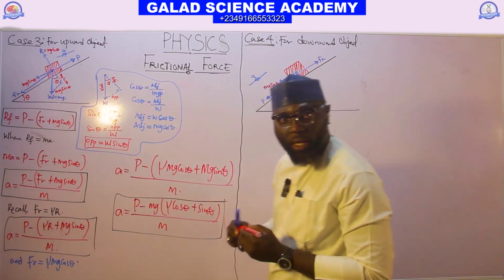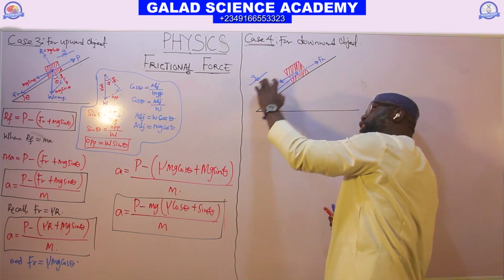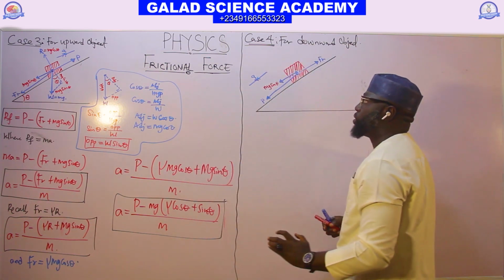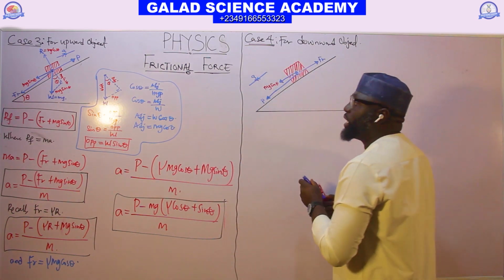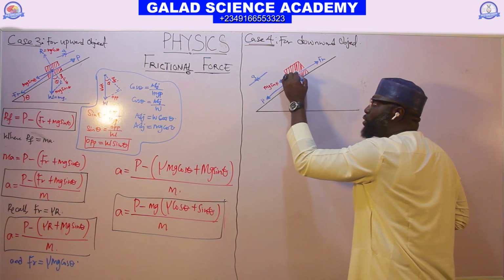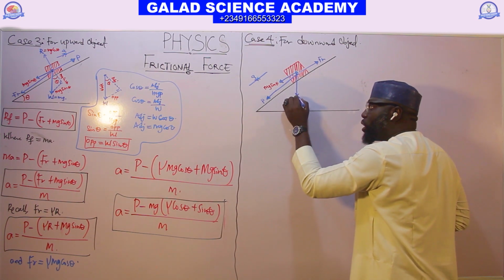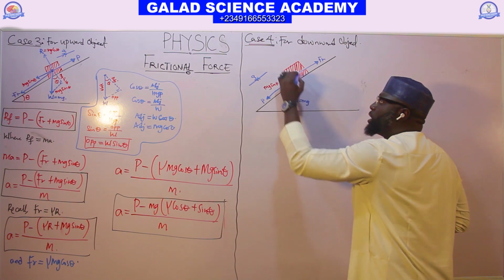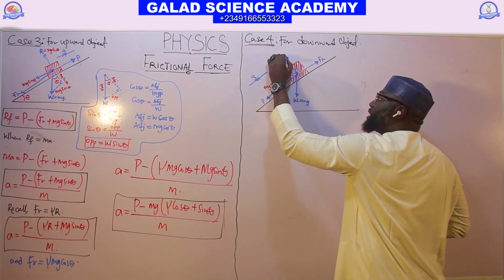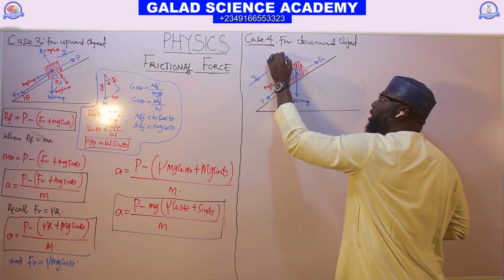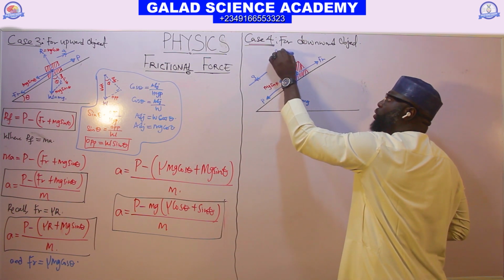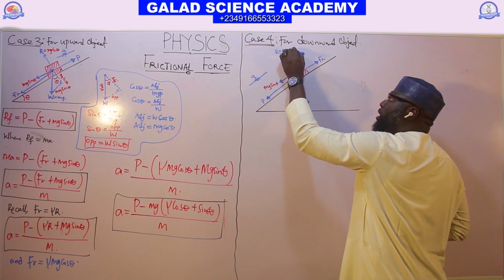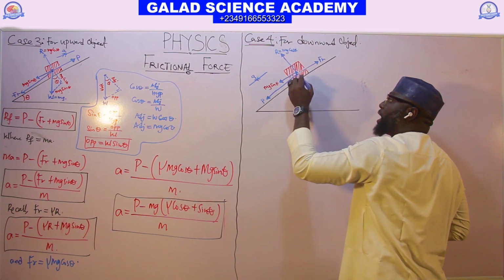The weight of the block is always down. The next thing we need is the weight of the block along gravity, which is mg. And here we have the reaction of the block, R equal to mg cos theta.